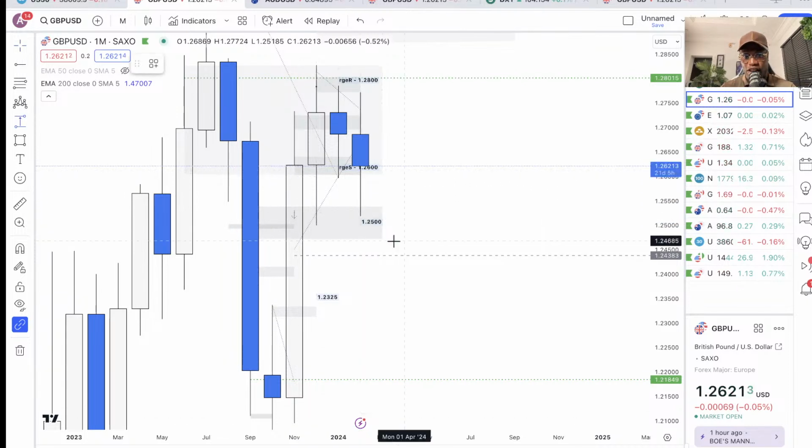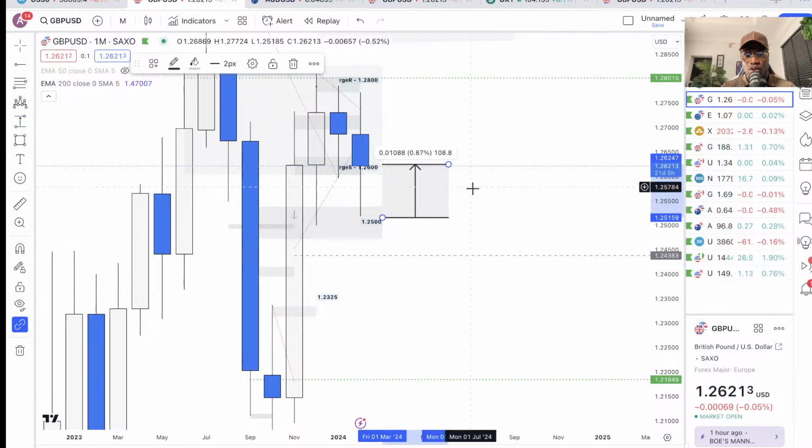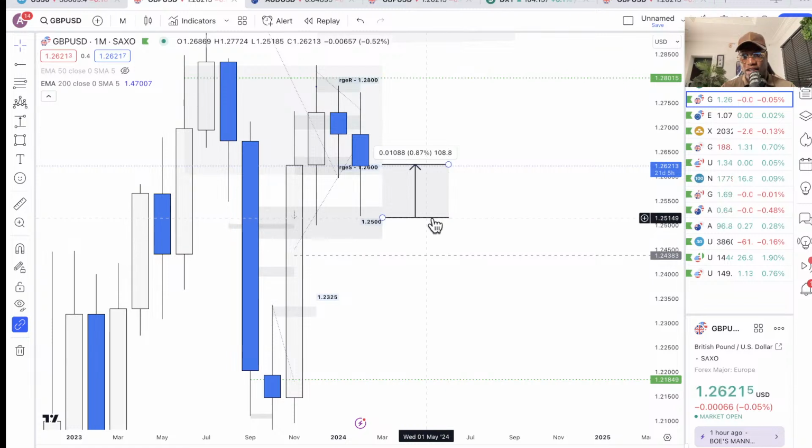Now, again, if you are looking at the monthly time frame for your analysis, trying to understand what's going on in the market, then your targets would be a lot higher than your targets on the lower time frames.